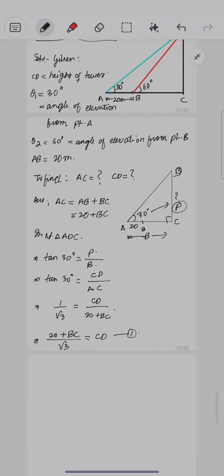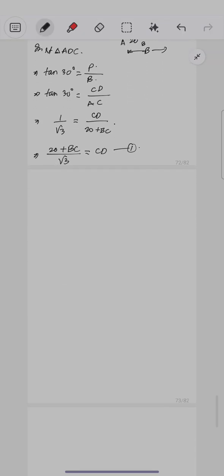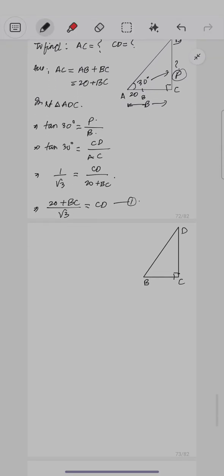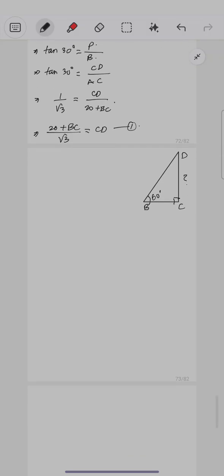Again, in triangle BCD we have 60 degree. In right triangle BCD, tan 60 is perpendicular by base.